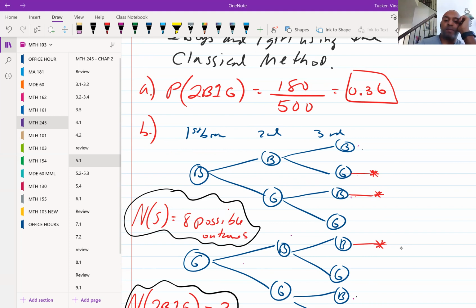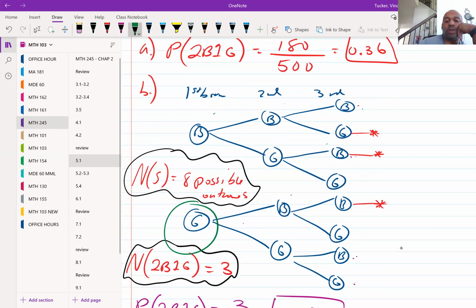Then from there, it's the possibility of having boy or girl in the second shot, and then boy or girl again. So we list out all the different possibilities of having 3 children, starting off with the boy, then having a second boy, and then going boy, girl. So in that first option, we have boy, boy, boy, and boy, boy, girl. Then we do boy, girl, boy, boy, girl, girl.